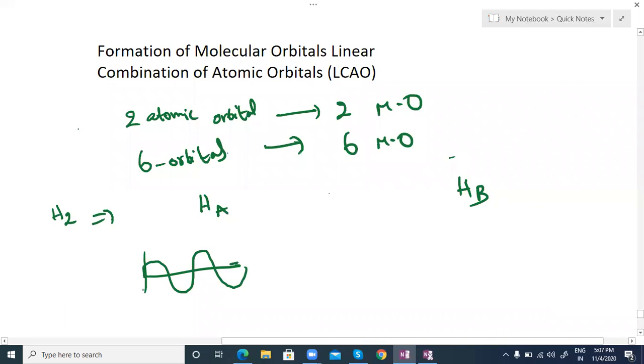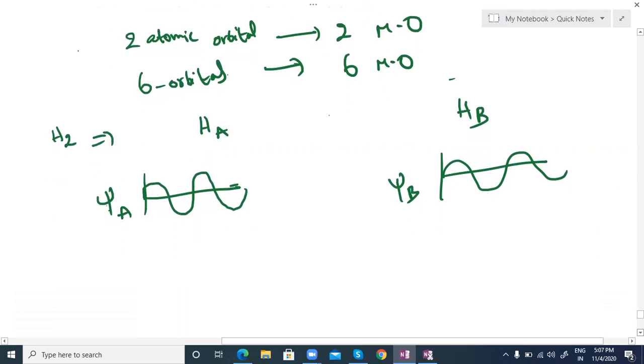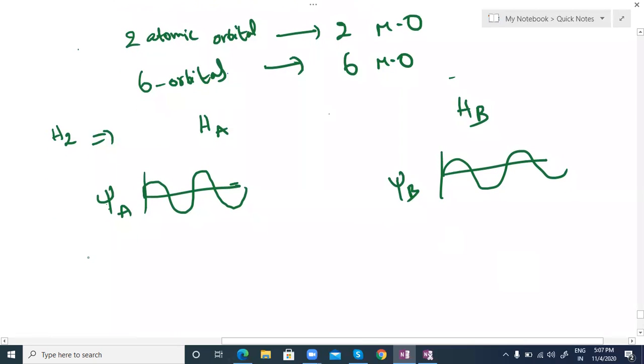This is the wave I'm taking, psi A. This is another wave, psi B. Here there are two chances when we mix the waves: maybe a constructive wave or a destructive wave. Two possibilities are there. Constructive interference forms what we call the bonding molecular orbital, and destructive interference forms what we call the anti-bonding orbital. So the AB formation is nothing but psi A plus or minus psi B. Two chances you have, so I'm explaining both.